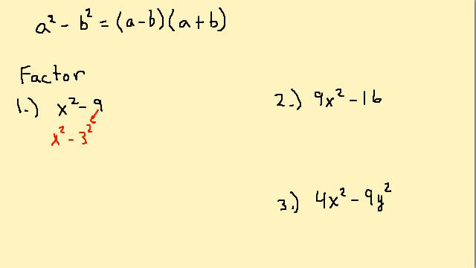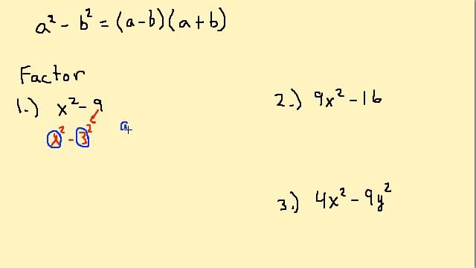So now I just have to identify my a and my b. And if I notice, a is x and b is 3. So all I have to do now is plug them into this formula.